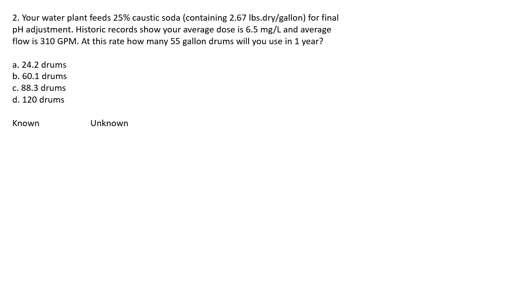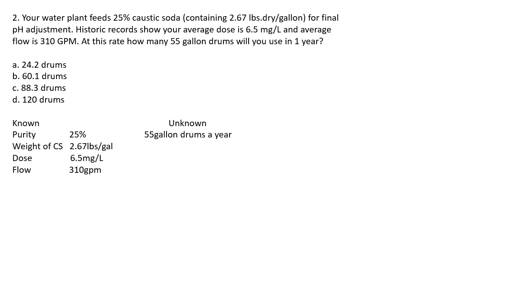So we're going to pull our known and our unknowns out of our question. What you know is the purity of the caustic is 25%. Its weight is 2.67 pounds per gallon. The dose is 6.5 milligrams per liter, and the flow is 310 gallons per minute. What we don't know is how many 55-gallon drums a year we're going to use.